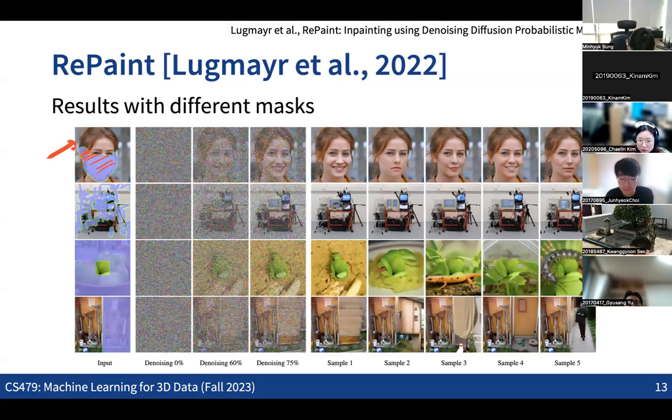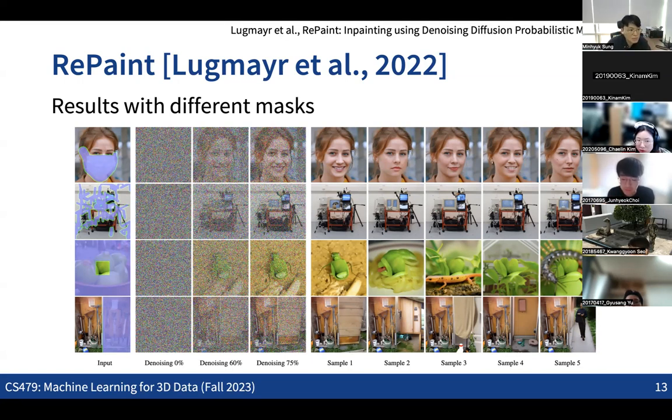Even for extreme cases like this, where we keep only a very small region while changing all the rest, we can see that we get seamless outputs while preserving the specific regions. We see lots of variation in the foreground regions while keeping the background regions.